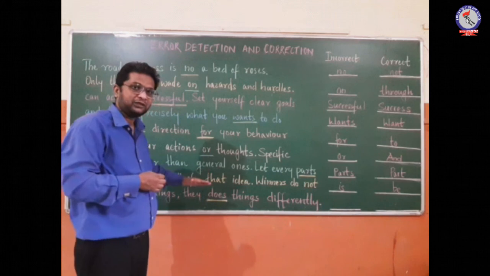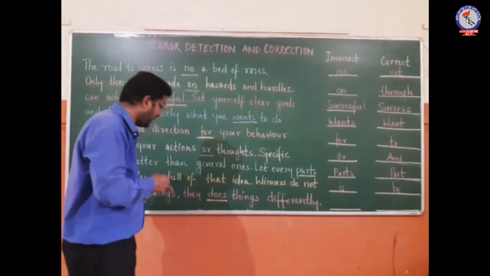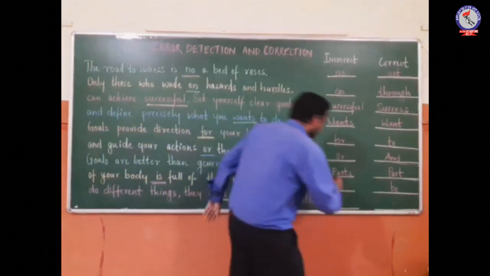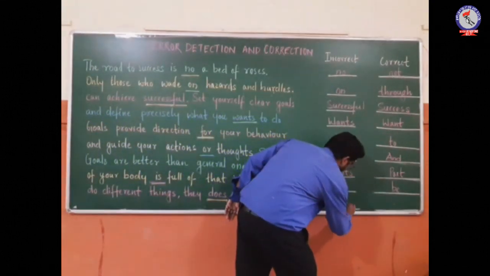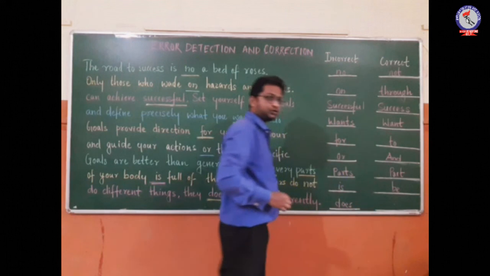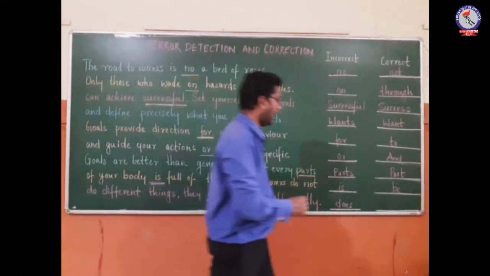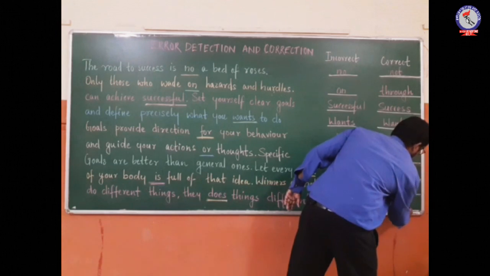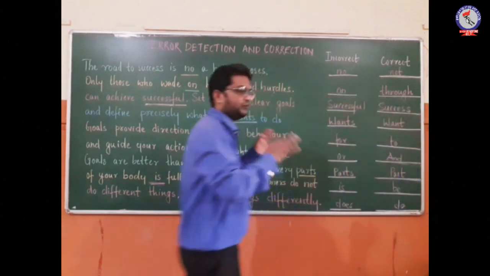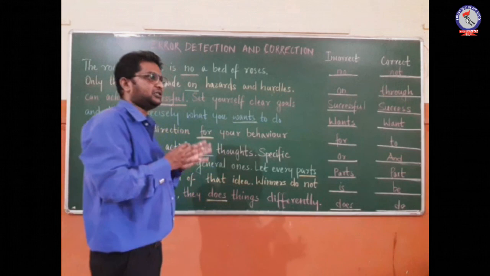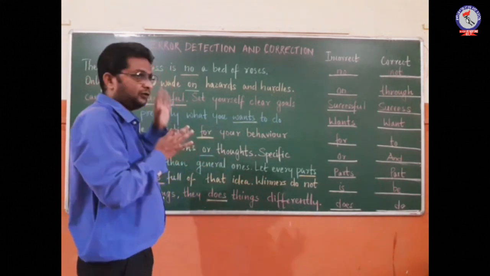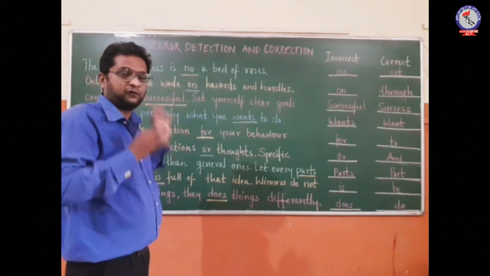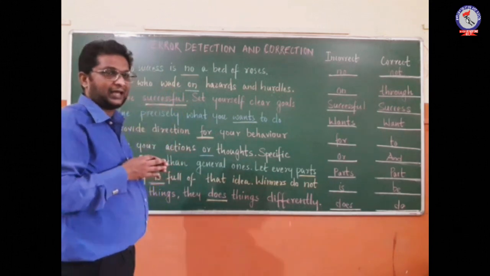So what will come here? "Do". They do things differently. So "does" goes in the incorrect space, and "do" will be correct. So this is an example. This is a kind of instance or example given for your better understanding and comprehension.